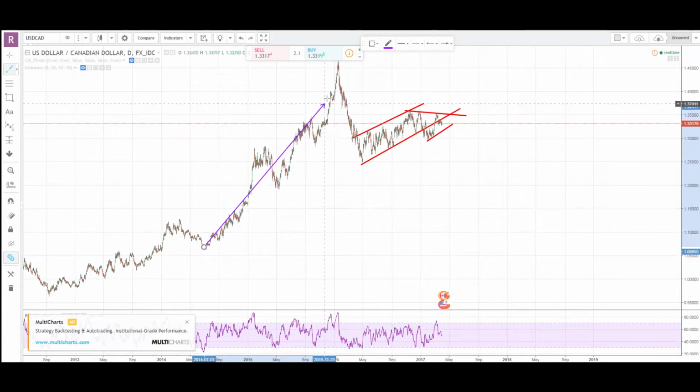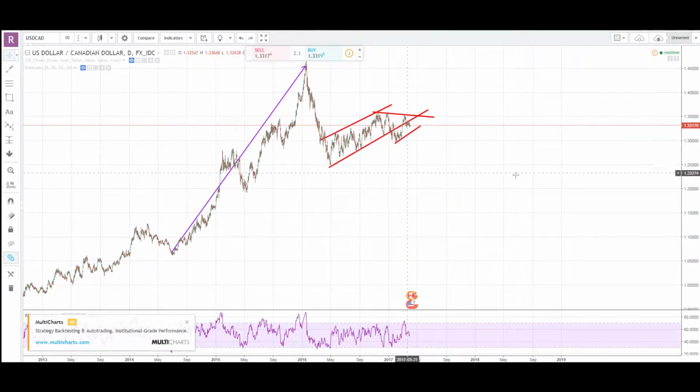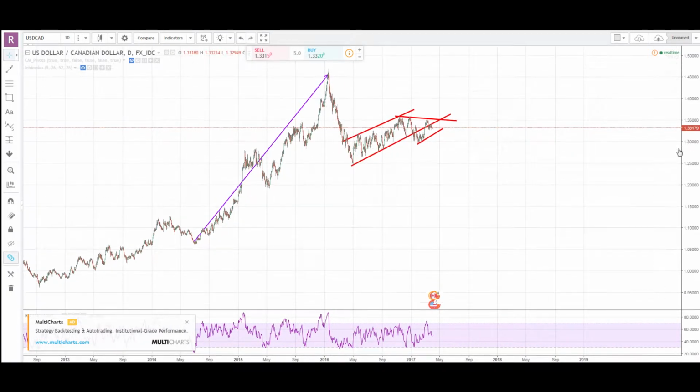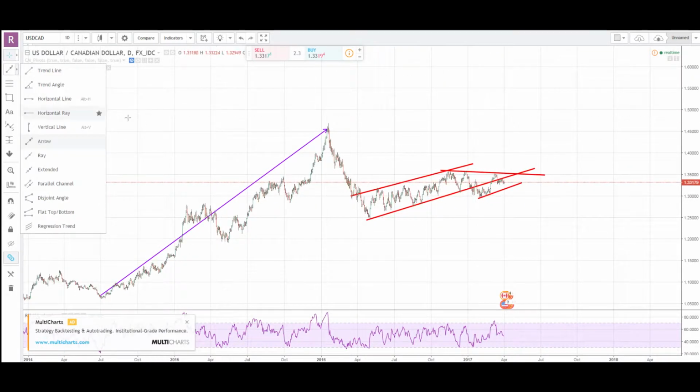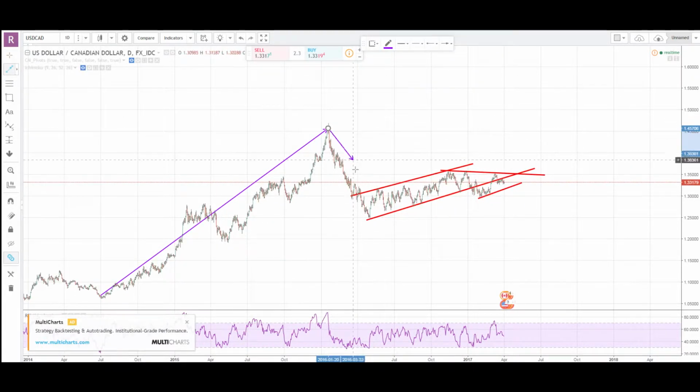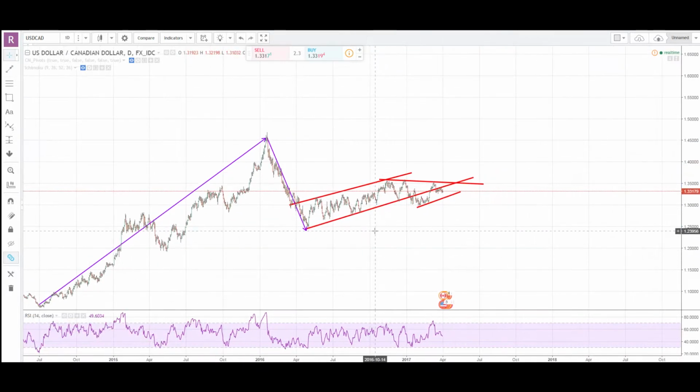That's a rise. It's almost a year rise, like 8 months rise. After 8 months of rise, price went down, and now what's happening?